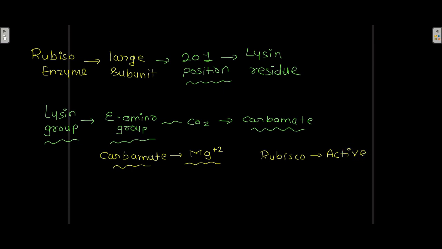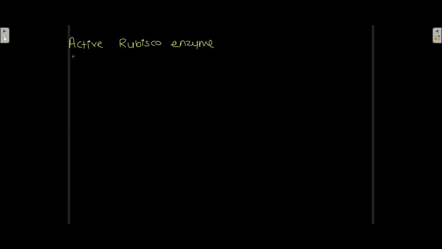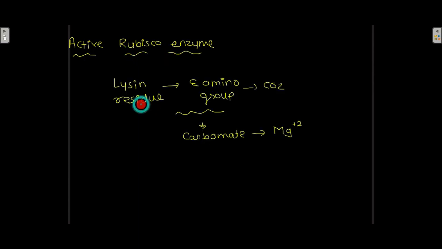If this does not take place, then the RuBisco enzyme will not be active. So in an active RuBisco enzyme, the lysine residue has an epsilon amino group, and this amino group reacts with carbon dioxide to form carbamate, which is bound to Mg2+. These things exist in an active RuBisco enzyme.